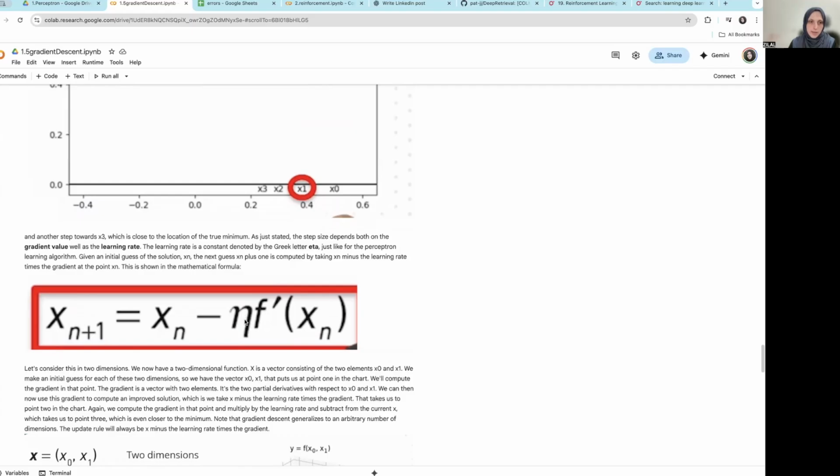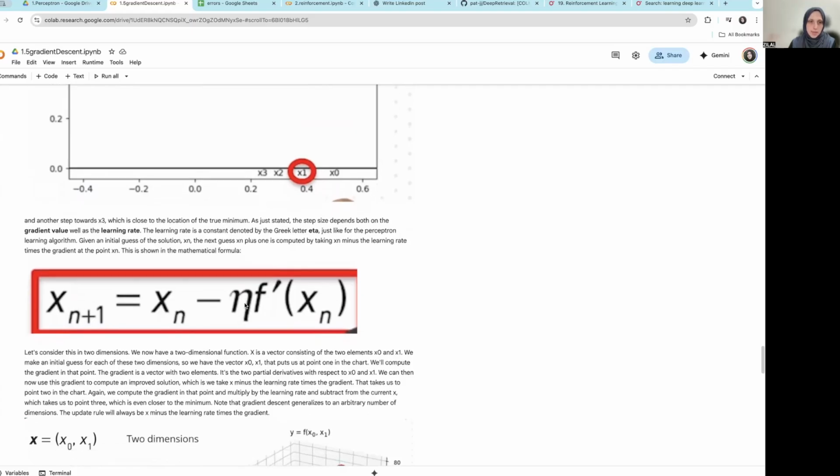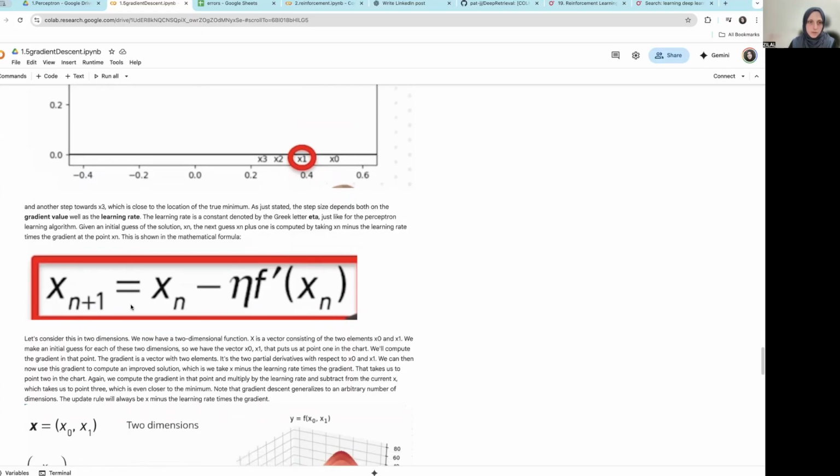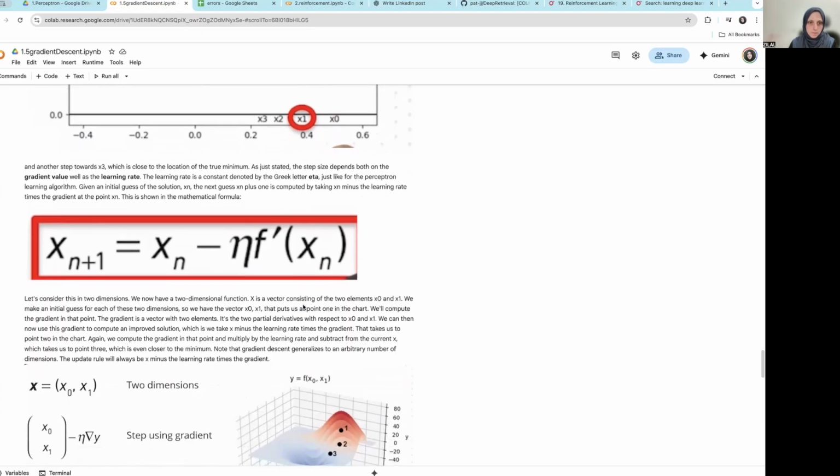Given an initial guess of the solution, xn, the next guess, xn plus 1, is computed by taking xn minus the learning rate times the gradient at the point xn. This is shown in this mathematical formula.